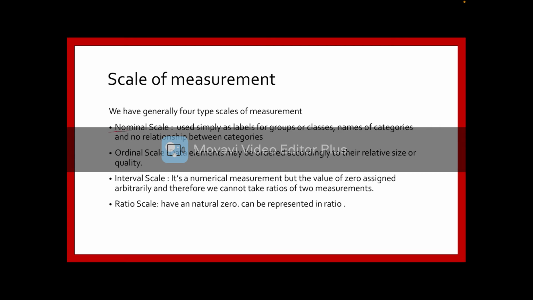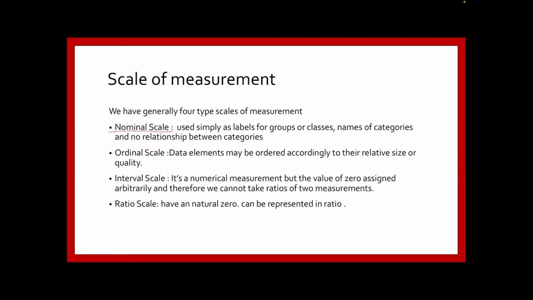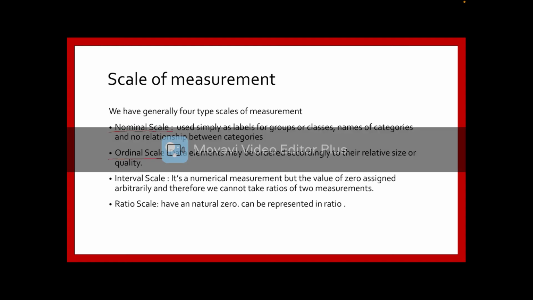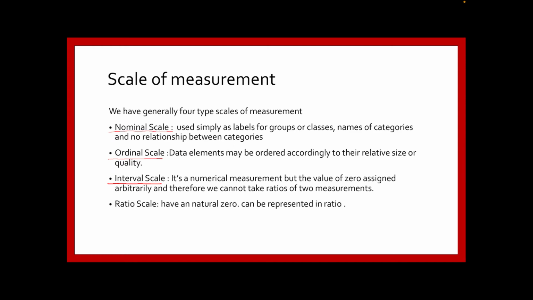We have discussed nominal scales, used simply as labels for groups or classes, names of categories, with no relationship between categories. Ordinal scales: data elements may be ordered according to their relative size and quality. Interval scale is a numerical measurement but the value of zero is assigned arbitrarily, so we cannot take the ratio of two measurements. That's very important.